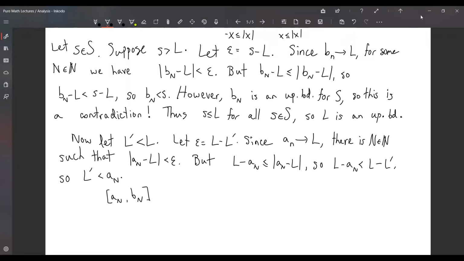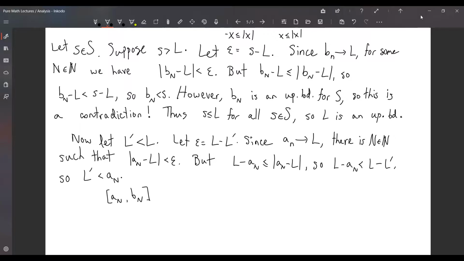A sub big N. I got it. Okay. So what it is that as we have defined it recursively, we have defined the a sub n's as not being upper bounds, right?